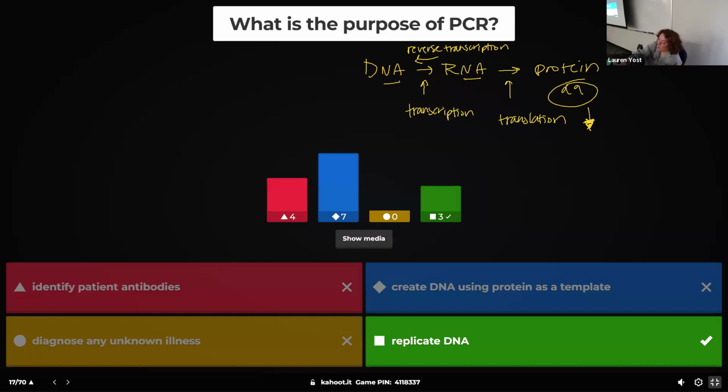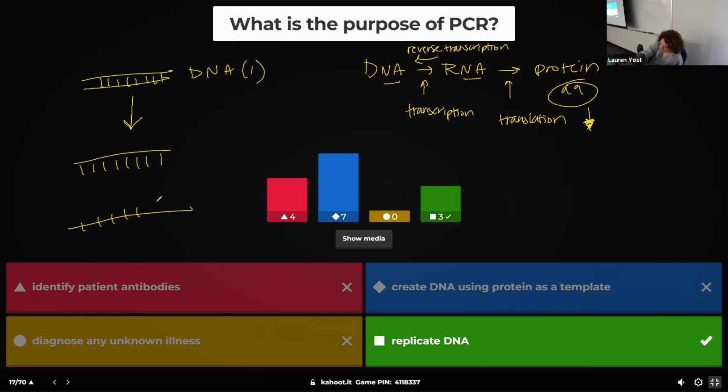So PCR, the way that it works is you start out with your DNA, one DNA, which then separates out its strands. Right. We will find a primer.